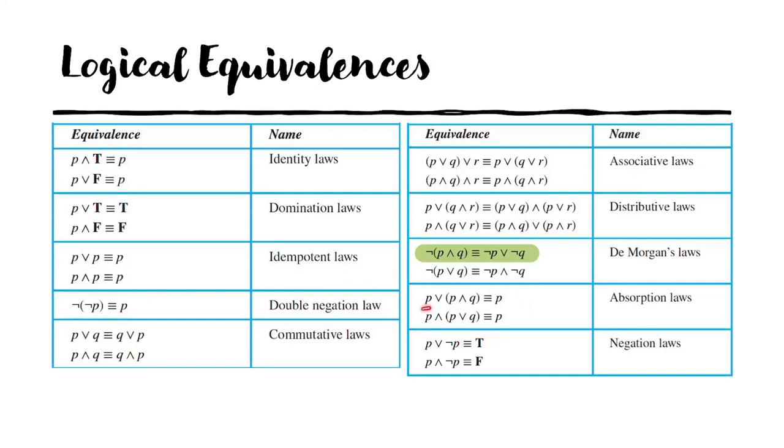And now let's look at P or (P and Q). If you have P or (P and Q), then this is equivalent to P. Since you are saying P or (P and Q), in order for the right side to be true you need both P and Q. But once you have P, it satisfies the left condition.